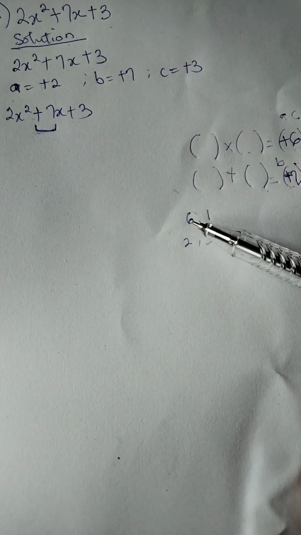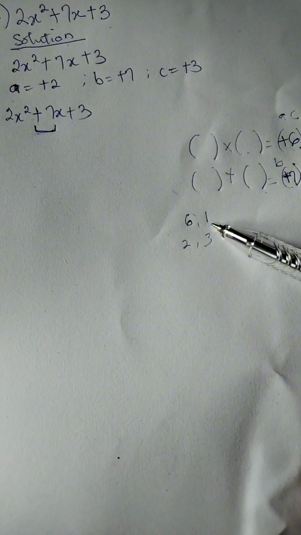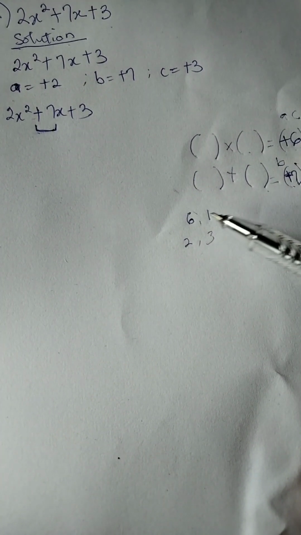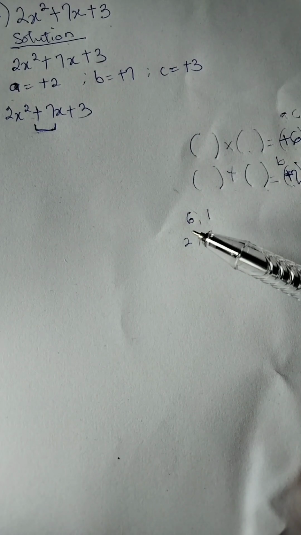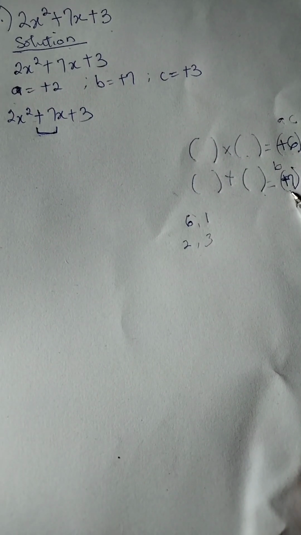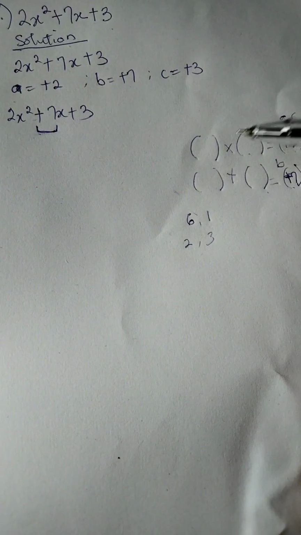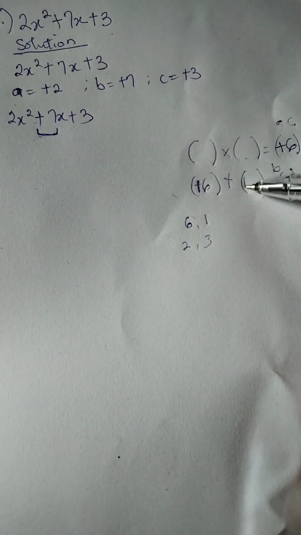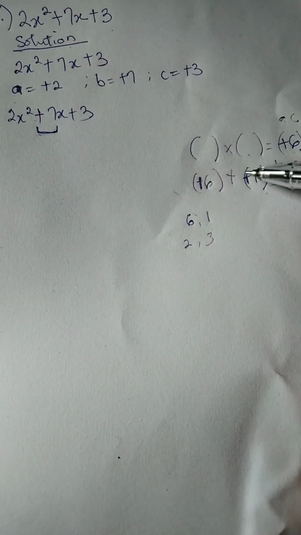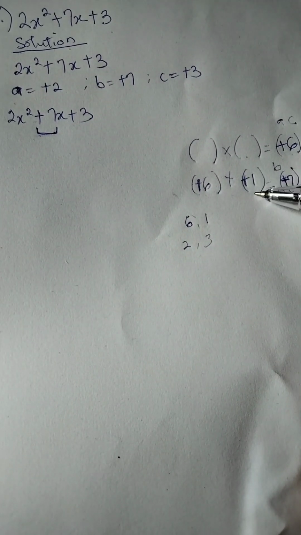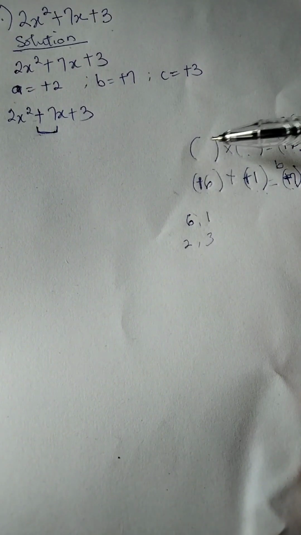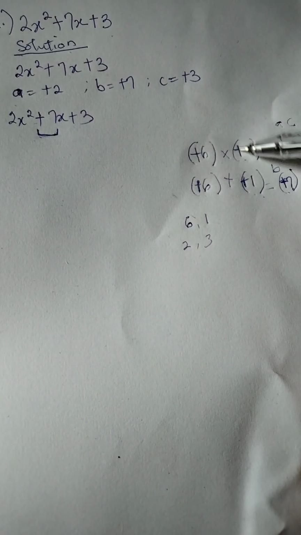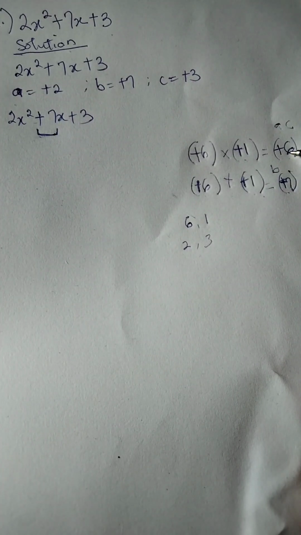Let's take the first one for instance, which is 6 and 1. If you multiply 6 by 1, you're going to get 6, right? But is there any way we can add 6 to 1 to get 7? If it's plus 6 here and plus 1 here, by the time we add plus 6 to plus 1, we're going to get plus 7. So we check it here. If we multiply plus 6 by plus 1, are we going to get plus 6?